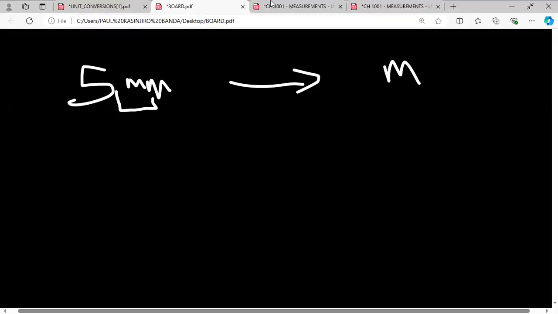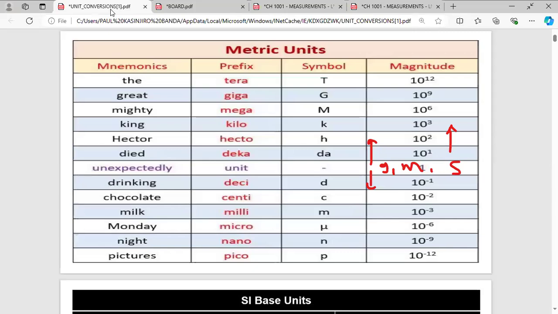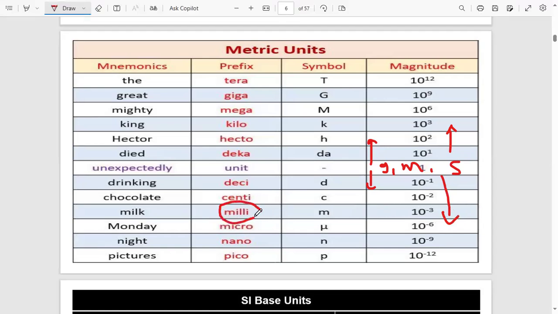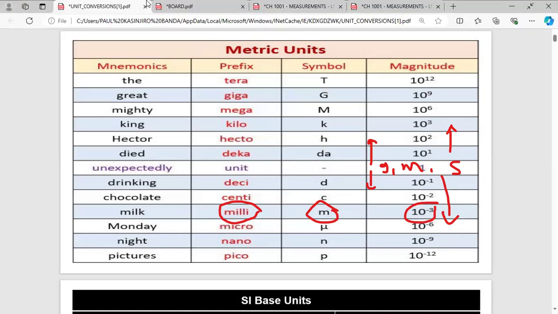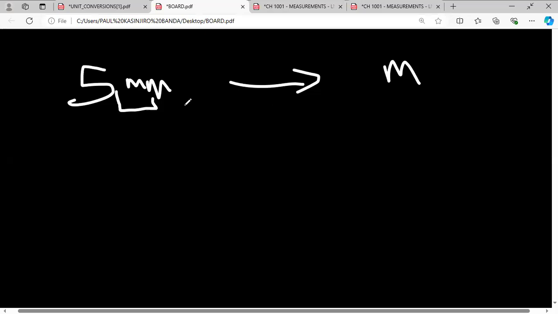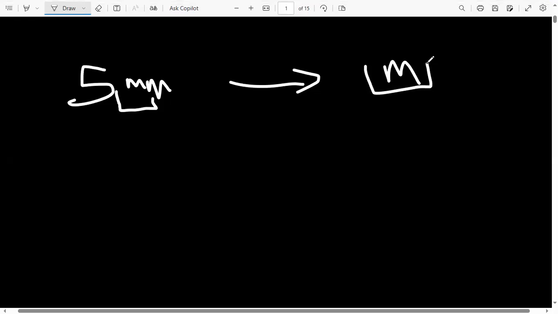Below the meter is where I can find milli, represented by a small letter m, and it means 10 to the power minus 3. So I'm converting from a sub-multiple to the SI unit for length.